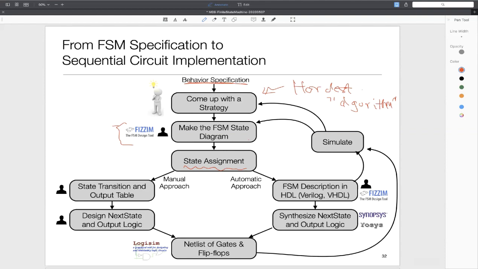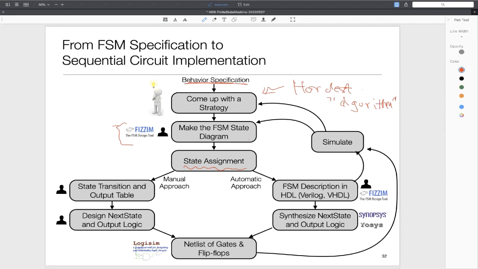And believe it or not, there are algorithms to do it, which look at the structure of your graph and then try to come up with a good state assignment, one which will yield efficient hardware. There are two elements to our hardware: how many flip-flops I need, and how complex our combinational logic is.